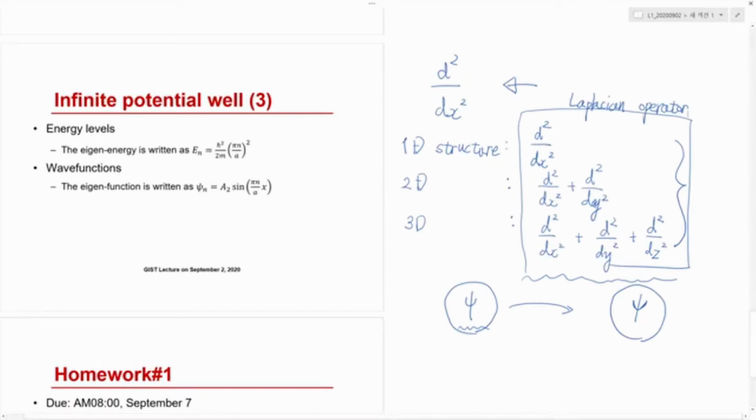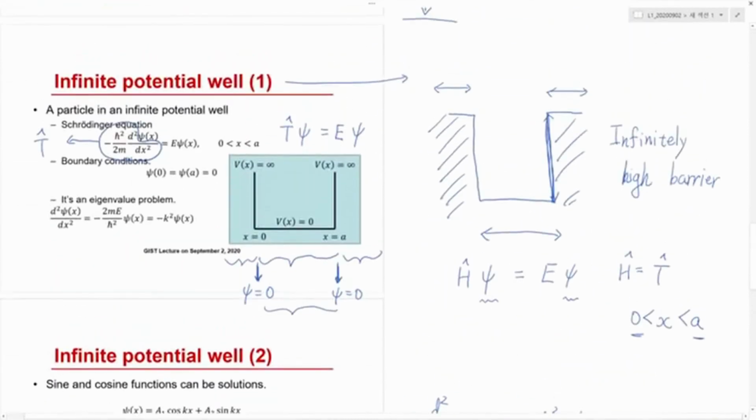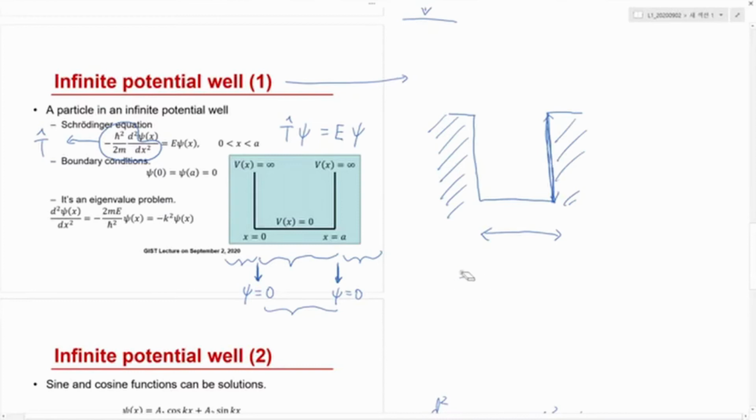Okay, although we have more materials, I will skip them because they are already covered in our lecture 0, and just come back to this diagram. This is not related to the actual calculation of the infinite potential well problem; I just wanted to say why we are considering it.